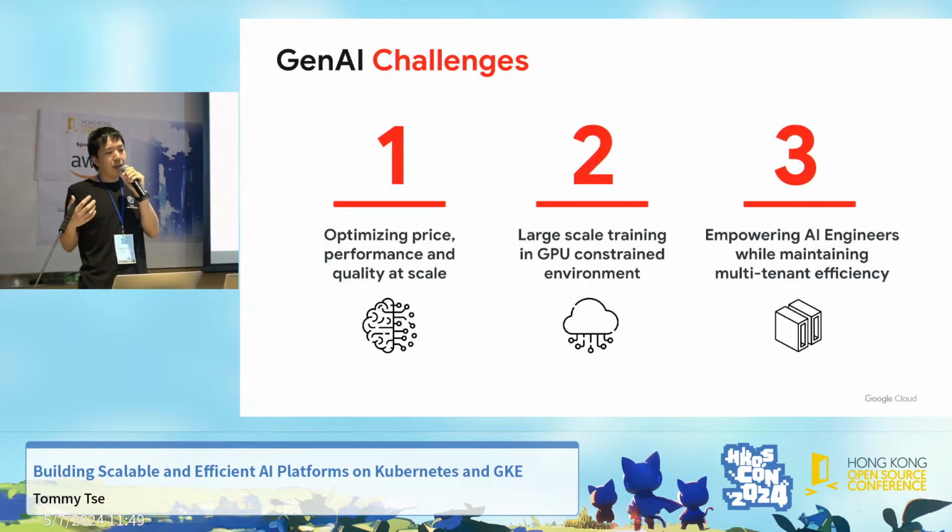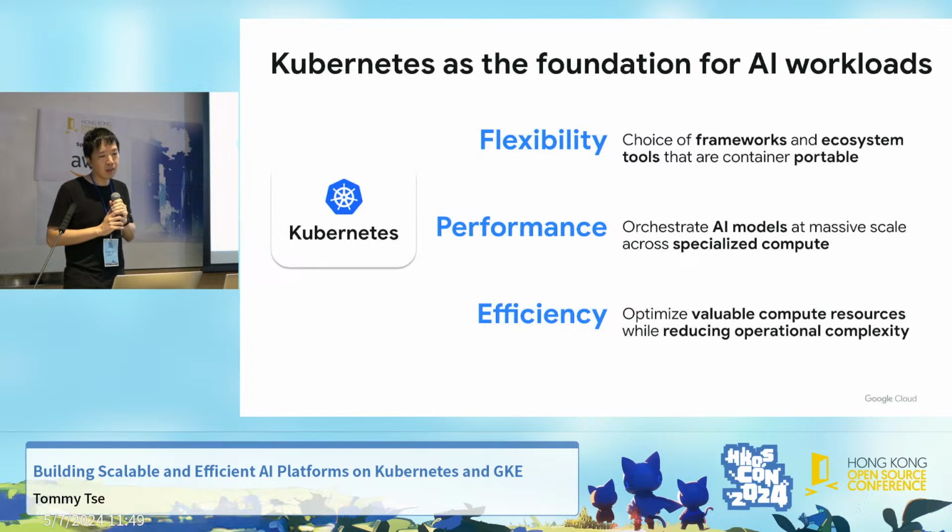And thirdly, we typically see that many customers running an AI platform have different teams of AI engineers, and you can imagine a lot of people sharing the same limited capacity. That could be quite a huge problem. So multi-tenancy efficiency is another problem to solve here.